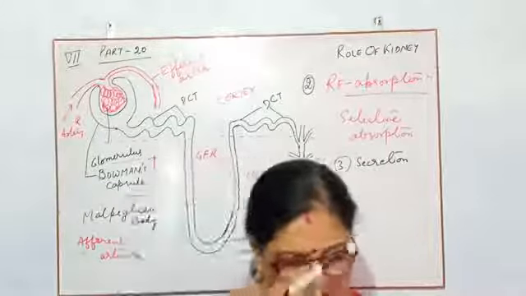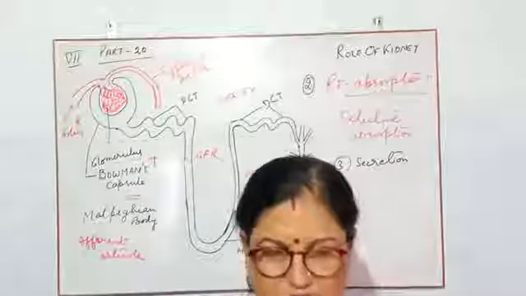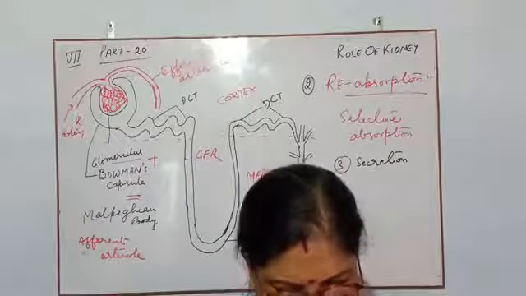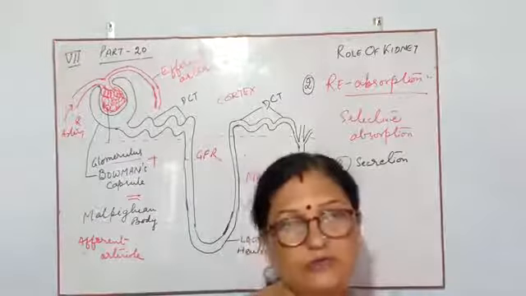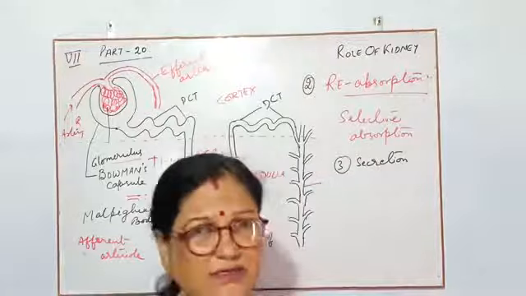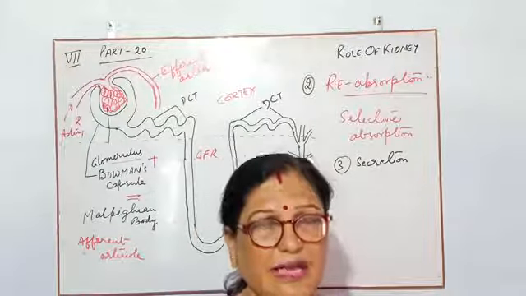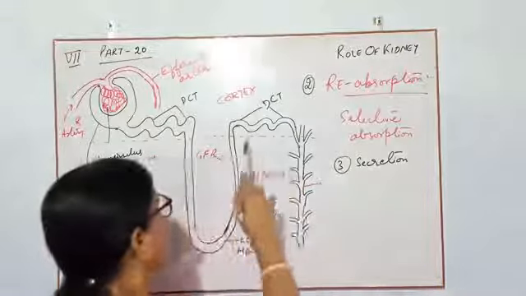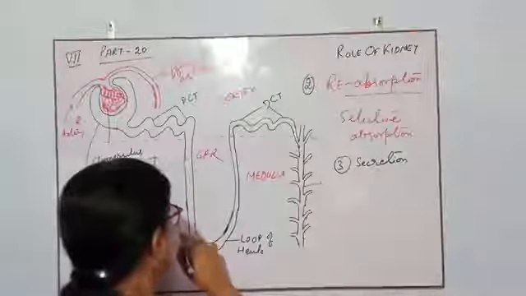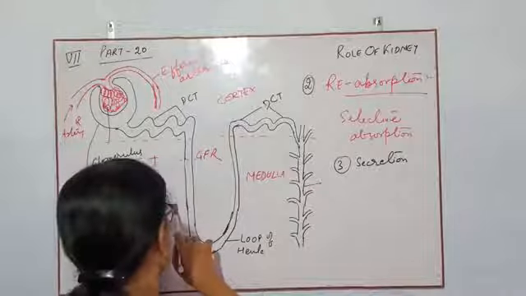According to secretion, the materials by which urine can be formed: here mainly one thing is given, that is the yellow pigment creatinine, and sodium will be absorbed in the reabsorption.